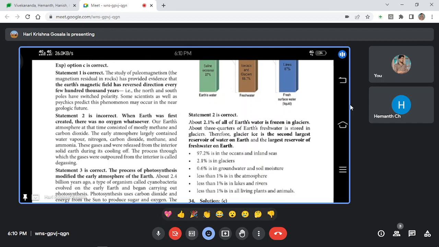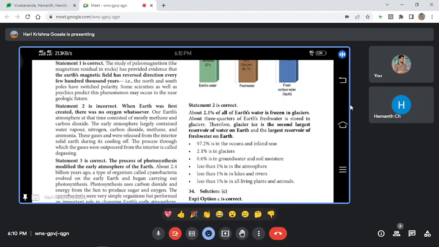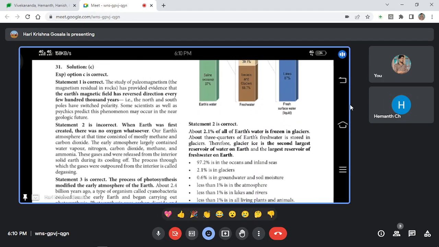Therefore, glacier ice is the largest reservoir of fresh water on Earth. 97.2% is in the ocean and inland seas, 2.1% in glaciers, 0.6% in groundwater and soil moisture. Less than 1% in the atmosphere, less than 1% in lakes and rivers, and less than 1% in all living plants and animals.